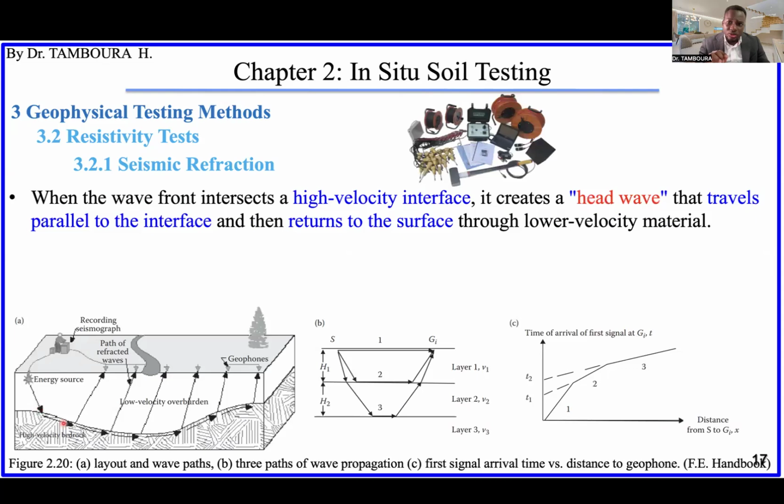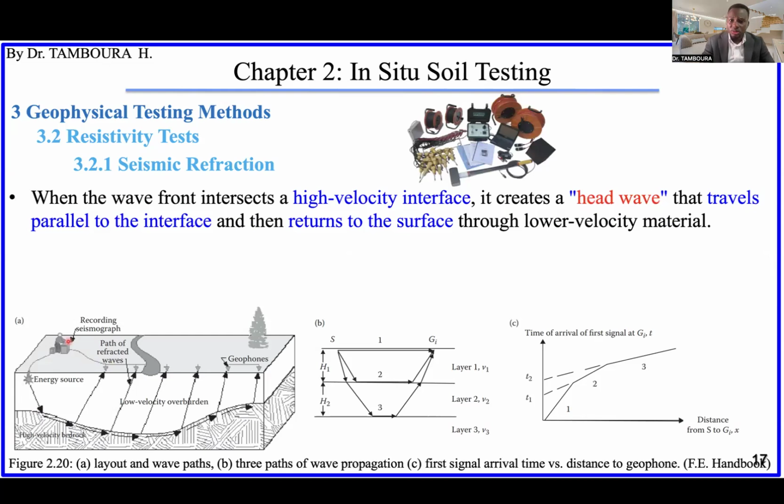This head wave is almost parallel to the interface, the boundary between the two soil materials. Okay, and then it returns to the surface. See, like this, and this geophone will record it and send it to the recording seismograph.